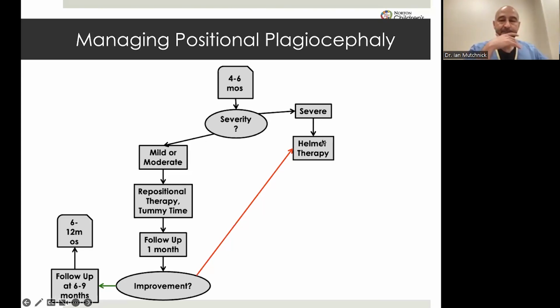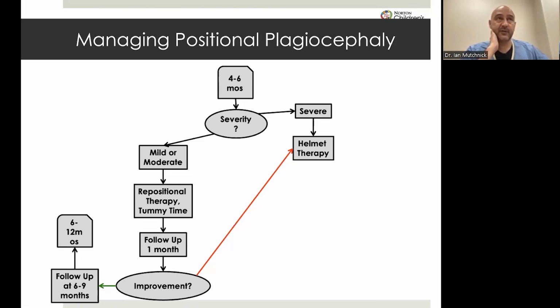Again, I am not a big fan of helmet therapy. I think that as the provider, you get to decide what to do here. In all cases in which, regardless of the degree of reassurance you provide to the parents, they are still very anxious, give them a helmet.